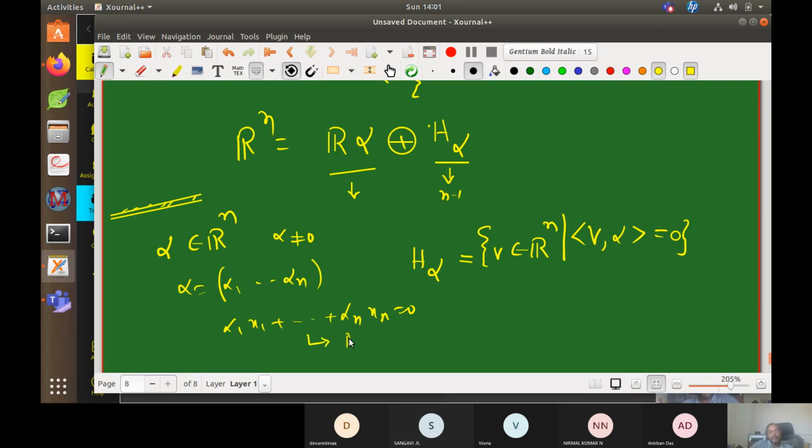So it represents a hyperplane of dimension n minus 1, and it is easy to check that. Alpha is orthogonal to H alpha, and alpha does not belong to H alpha, right? Because of that I can write Rn as the direct sum, taking this basis and adding alpha to it.